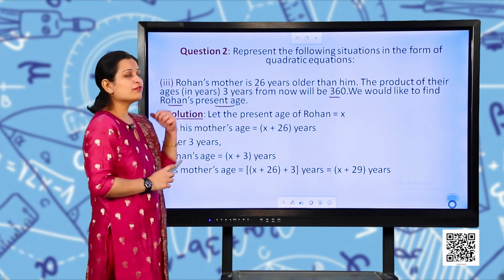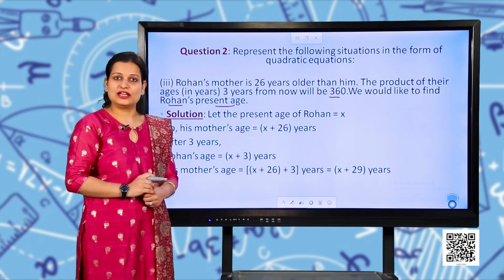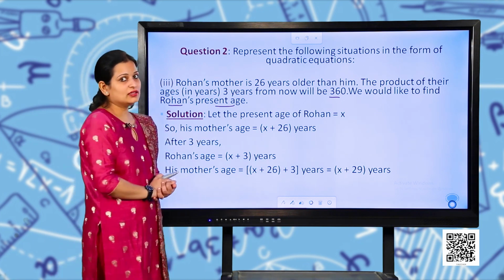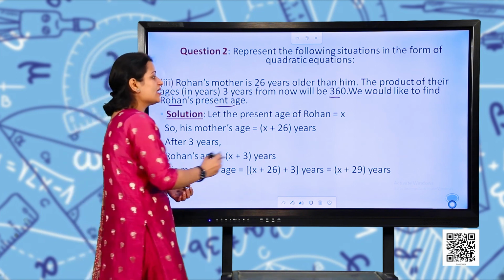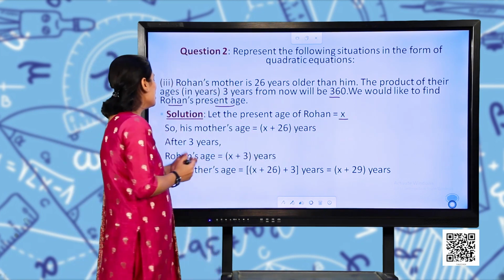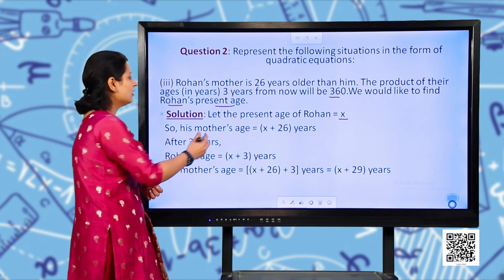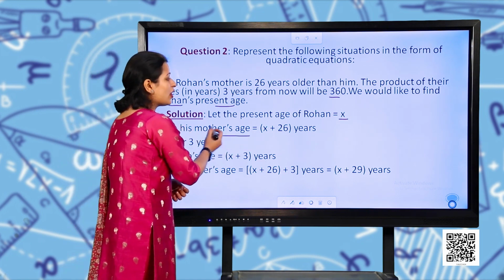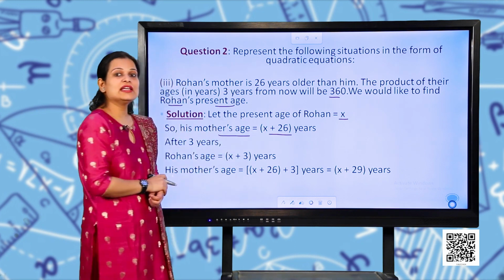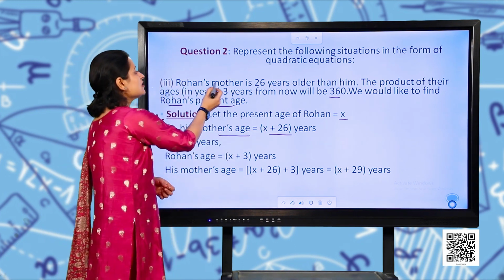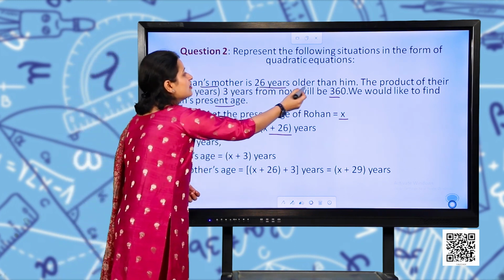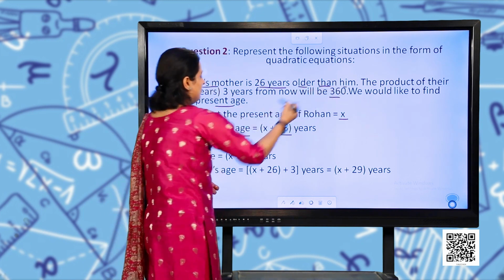So let us consider Rohan's present age as x. What will be the age of his mother? His mother's age is x plus 26 years, because Rohan's mother is 26 years older than him.